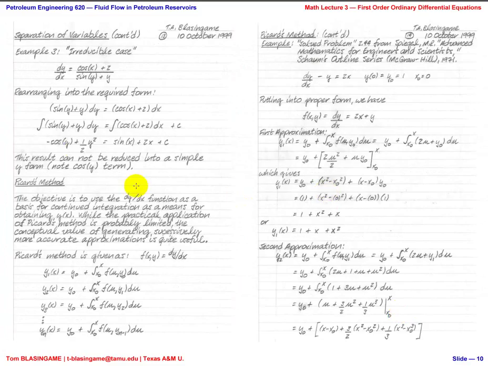Here, this is a case that I was mentioning to you. Let's say that you have a function, the derivative of y with respect to x is given by the quotient of two trigonometric functions. So here you can easily separate the two functions and you can integrate.